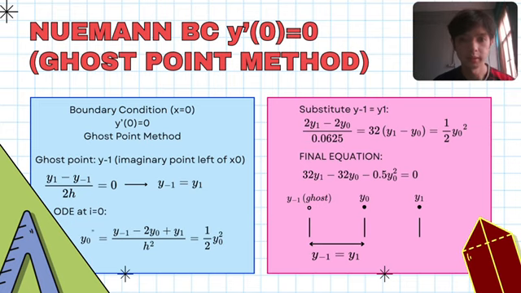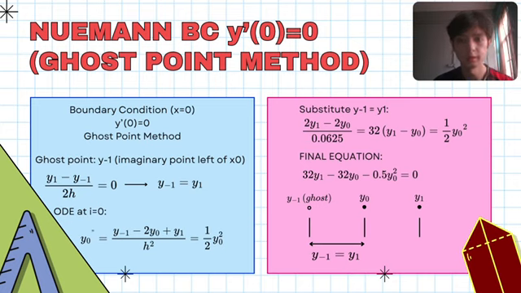It will become y1 minus 2 y0 plus y1 over h squared equal to 2y1 minus 2y0 over h squared equal to 1 over 2 y0 squared, with h equal to 0.25, h squared equal to 0.0625, so 1 over h squared equal to 16.